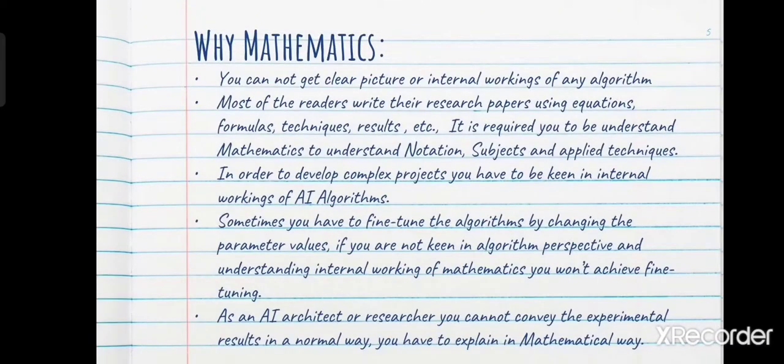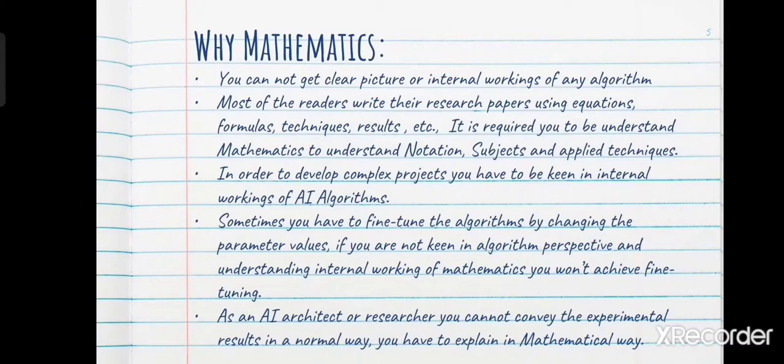So why mathematics? Why mathematics for artificial intelligence? There are several points we can discuss. You cannot get a clear picture of the internal working of any algorithm, so when we use mathematics we get clear algorithms of AI.